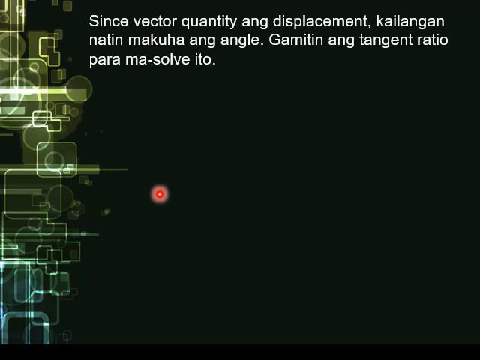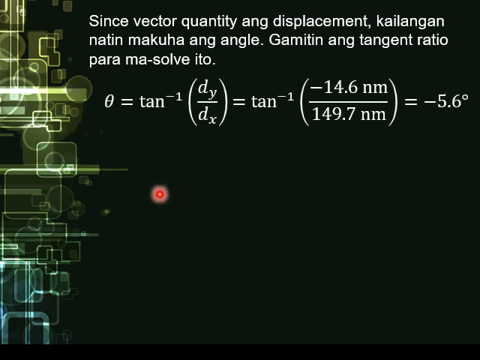So dito gagamit na tayo ng tangent ratio para ma-solve to. Di ba kanina sabi natin, pag maghahanap ka ng angle, gagamitin natin ang inverse tangent. So here we have inverse tangent of dy over dx. So pag sinubstitute, that's the inverse tangent of negative 14.6 nautical miles over 149.7 nautical miles.